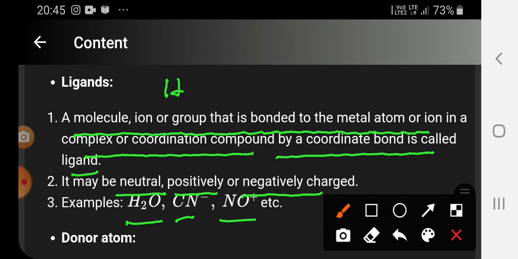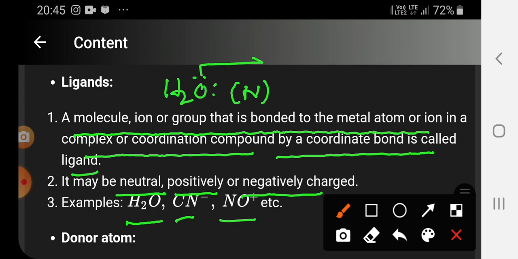In water, the oxygen atom has two lone pairs of electrons, although it does not carry any charge. So this type of ligand is known as a neutral ligand. It does not carry any charge but is electron rich and has a tendency to donate to the central metal atom or ion.